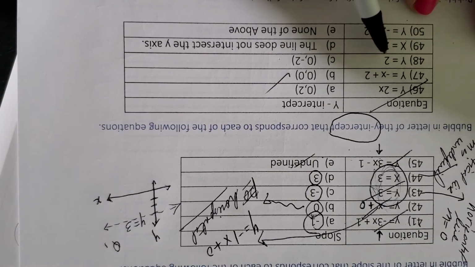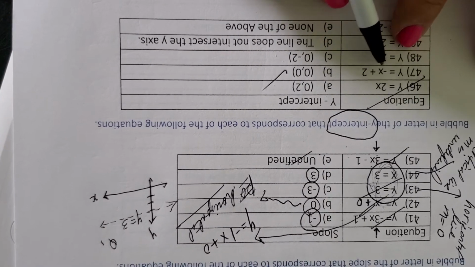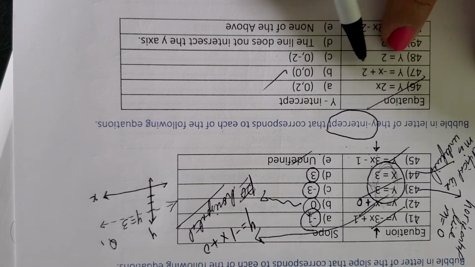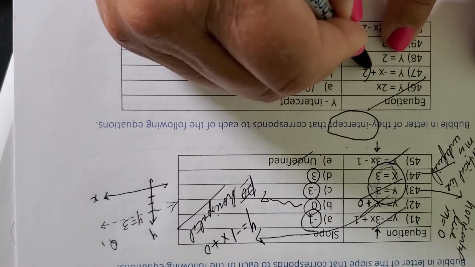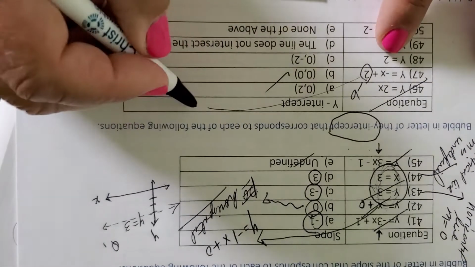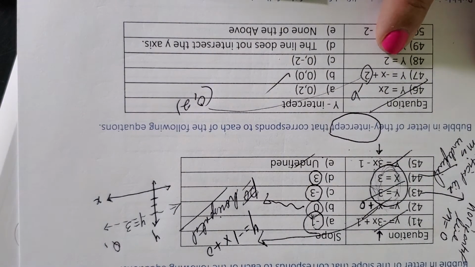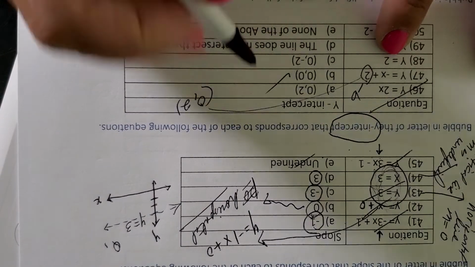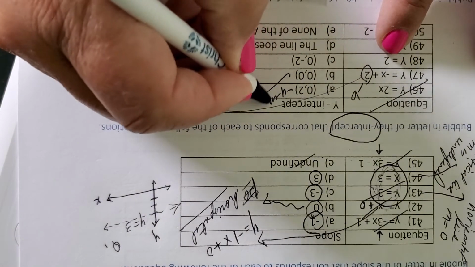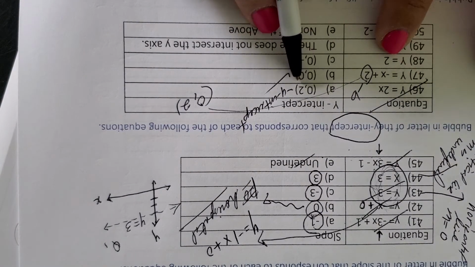Now look at this one. This one is kind of easy too, because the equation is given as y equals mx plus b. What is the b here? This is b. So that means that the y-intercept is going to be something like (0, 2). Not something like, it's going to be exactly (0, 2). This right here is a y-intercept: x equals 0 and y equals 2.